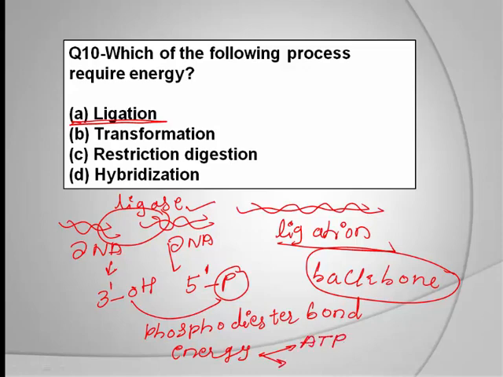The energy may be consumed in the form of ATP or in the form of NAD+. When is ATP used? When the DNA fragments are joining in the animal cell, the DNA ligase of animal cell or the DNA ligase of bacteriophage consumes the energy in the form of ATP.